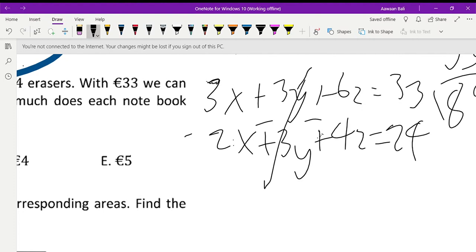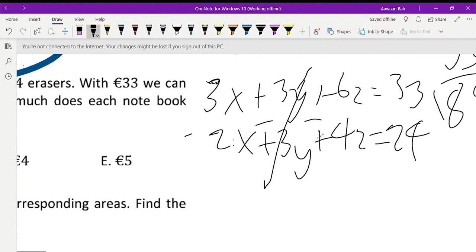Normally, if you can't do that, you just multiply one equation or both equations by a specific number, and then you can cancel the term you want to cancel out.